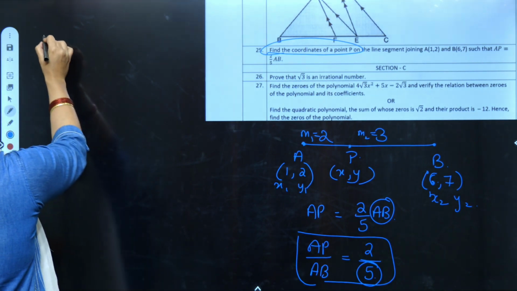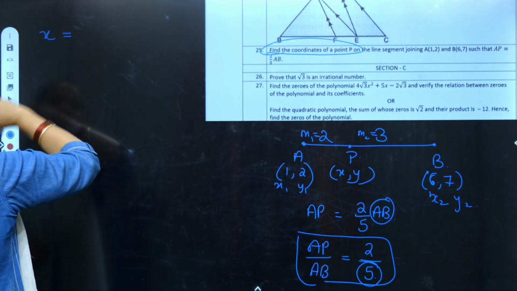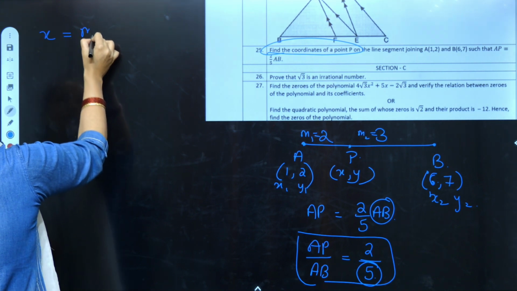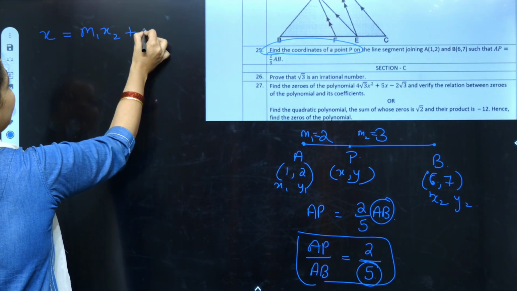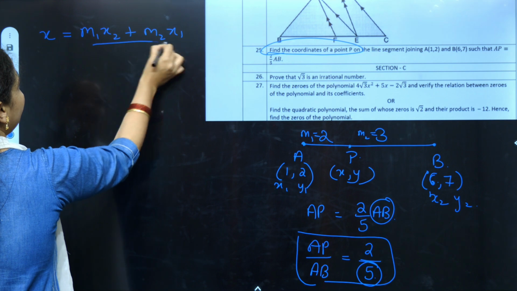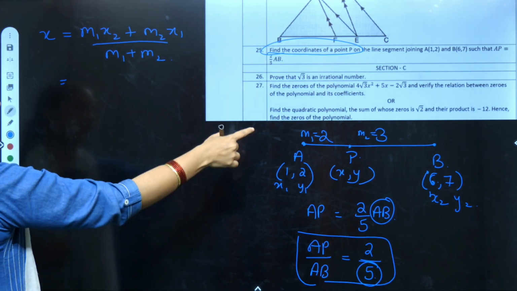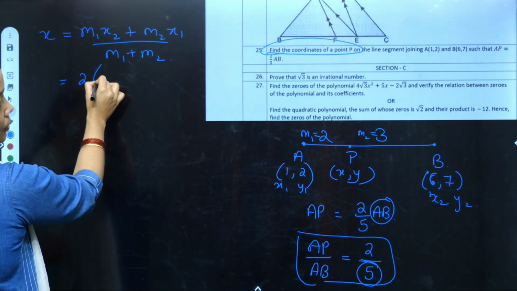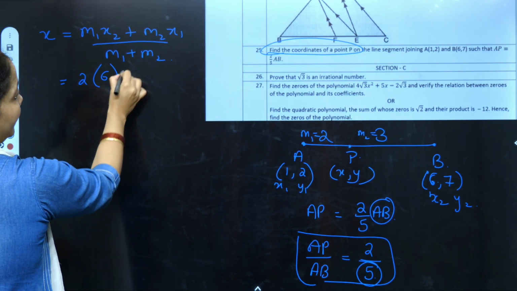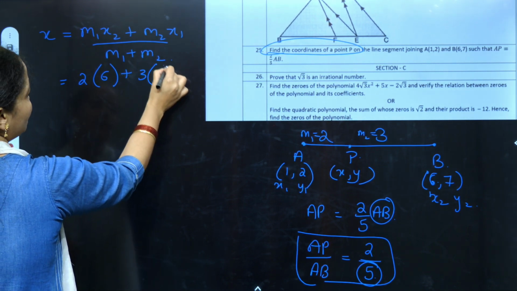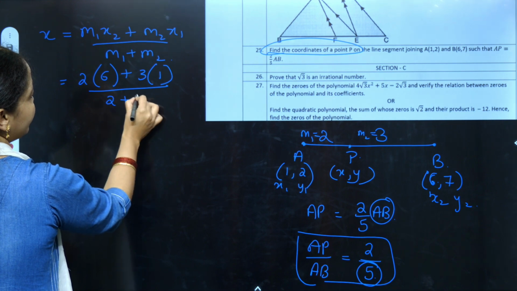What is the section formula telling me? If I want to find the coordinate of x, the formula is (m1 x2 + m2 x1) divided by (m1 + m2). So what is m1 here? 2. x2 is 6. m2 is 3. x1 is 1, divided by 2 plus 3.